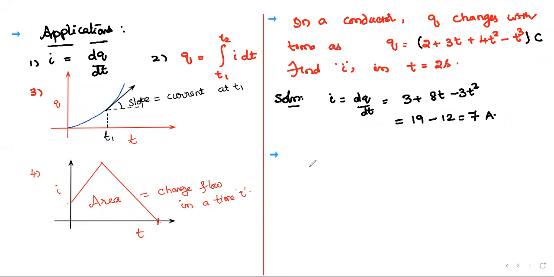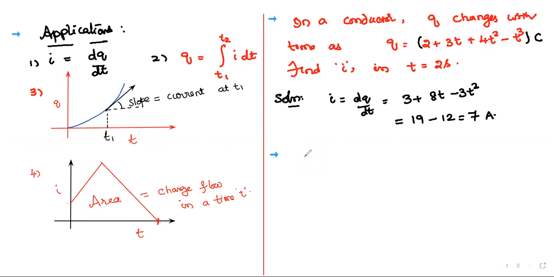And here, look, it is varying with the time: t power 1, t power 2, t power 3. That's why we need differentiation. Sometimes without differentiating, you can say like y equals mx, directly you can say m is the slope.